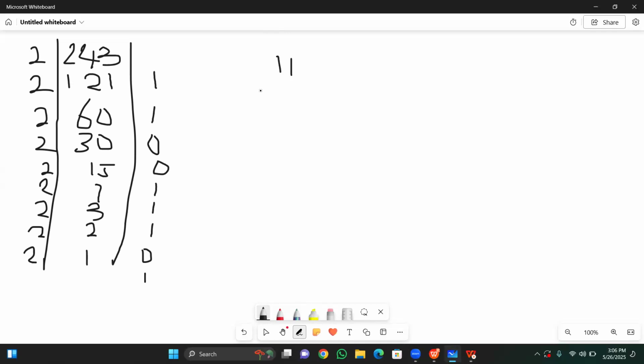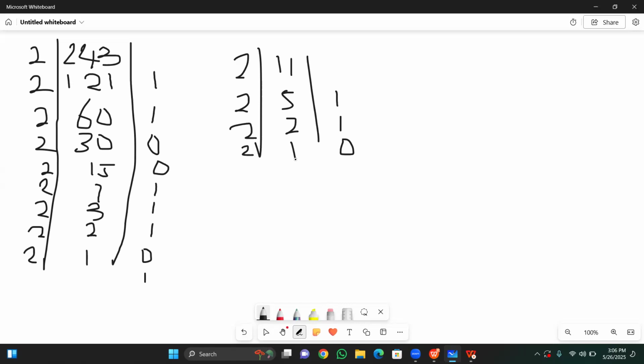Let's convert it to binary. 2 goes into 11 5 times, remainder 1. 2 goes into 5 2 times, remainder 1. 2 goes into 2 once, remainder 0. And 2 goes into 1 zero times, remainder 1. If we read it, we now have 1, 0, 1, 1.